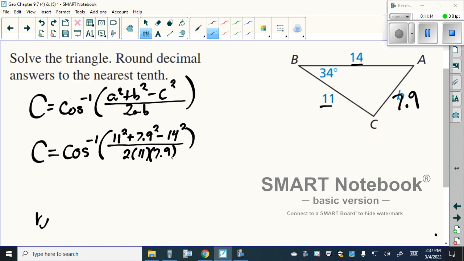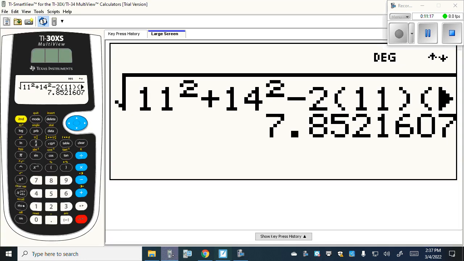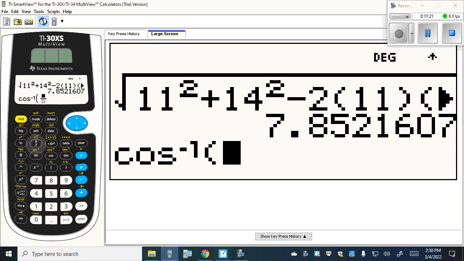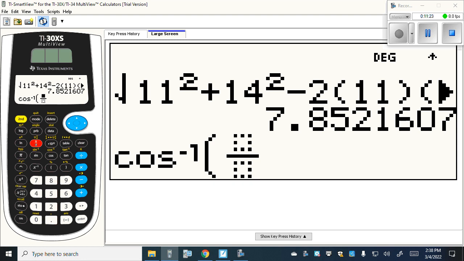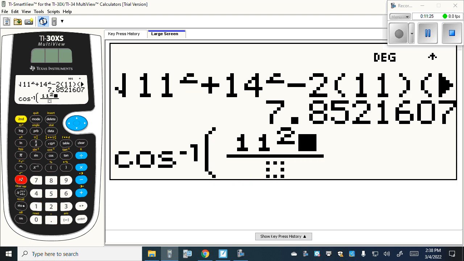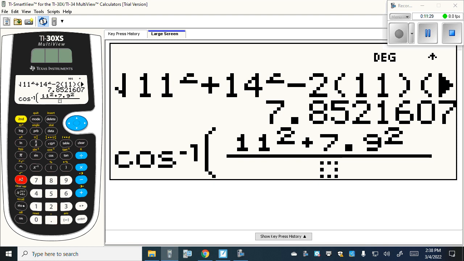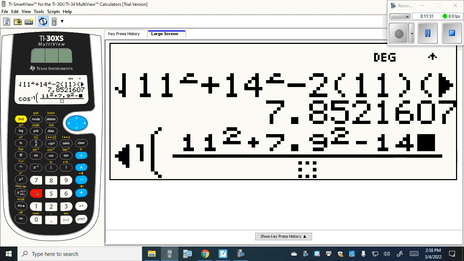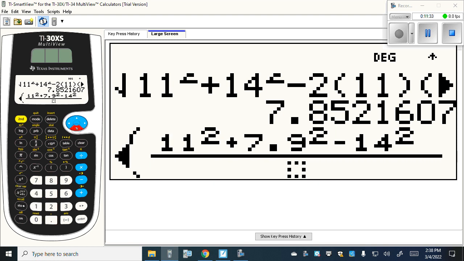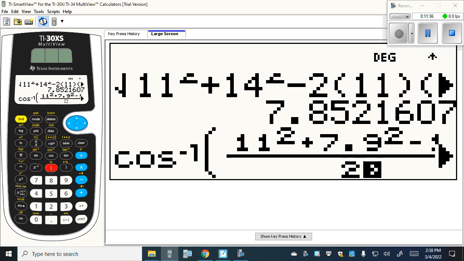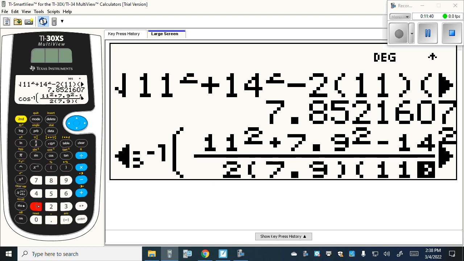Guess what we can do at this point? Plug it in. So second cosine of the fraction: 11 squared plus 7.9 squared minus 14 squared over 2 times 7.9 times 11.